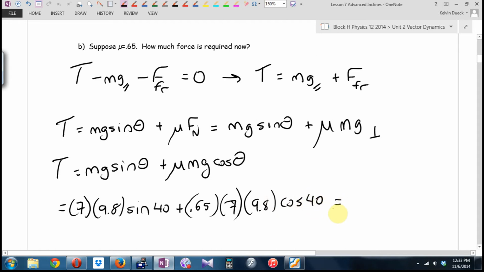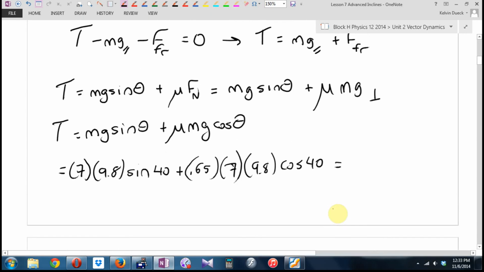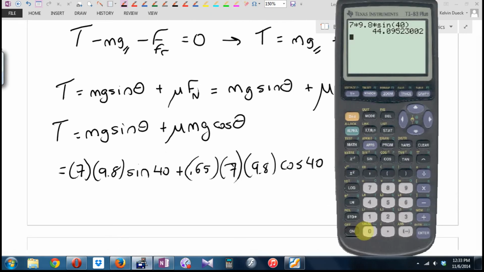How big is tension now? Oh, by the way, will there be more tension or less tension with friction there? So my built-in error check is I know no matter what, the answer is bigger than 44.1, right? I'm going to be clever.